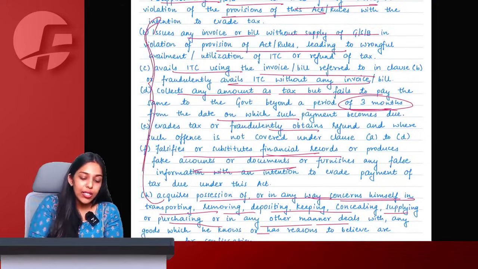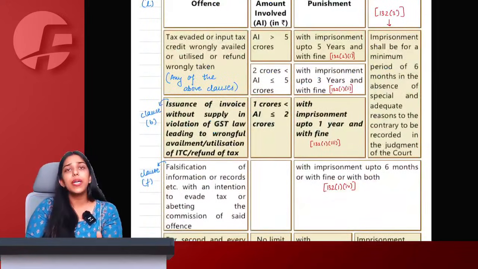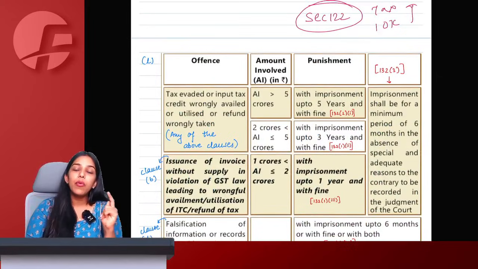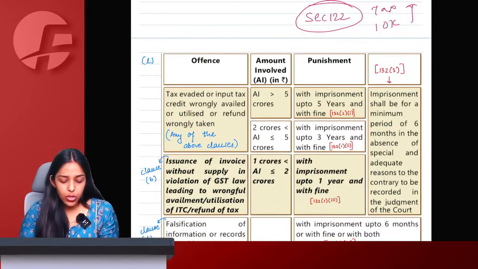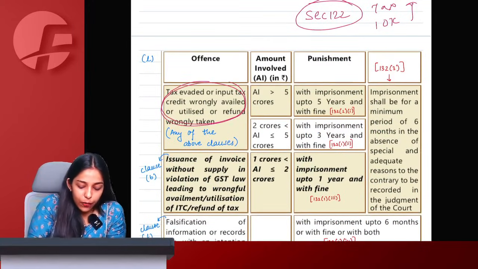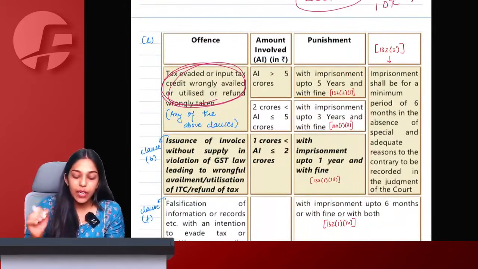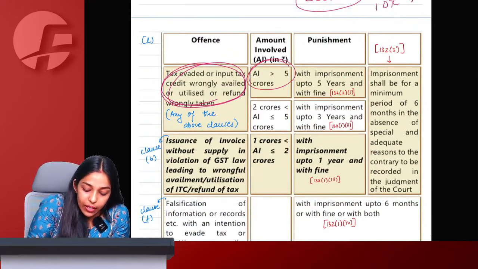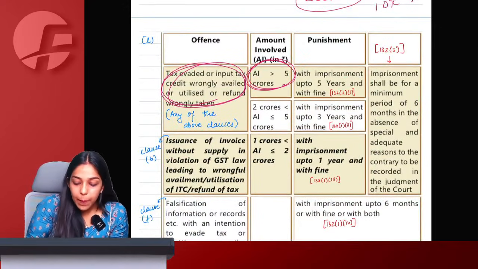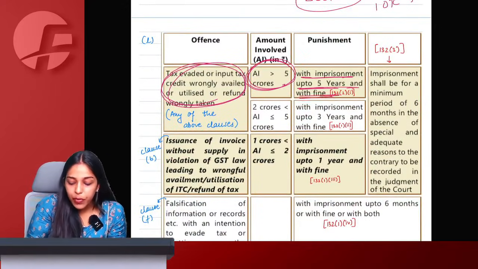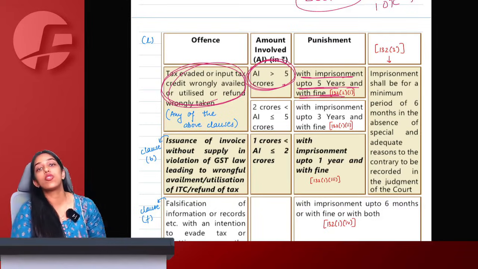Now again for these same offences, they are giving separate penalties, when the amount involved gets more. For any of these offences above, if the amount is greater than 5 crore, then the punishment is imprisonment up to 5 years, and fine shall also be levied.